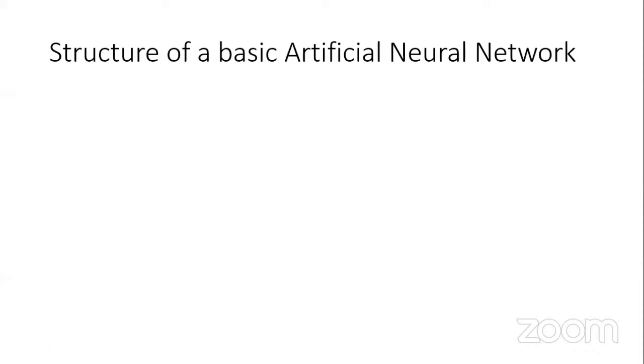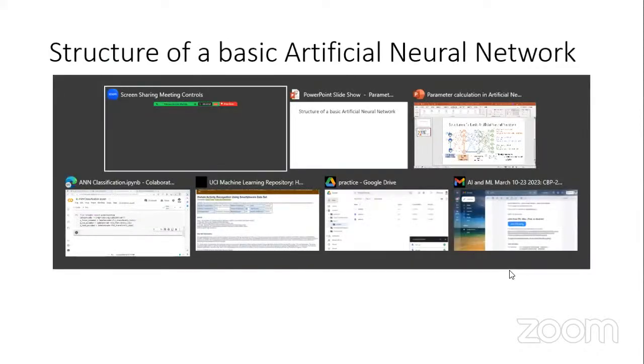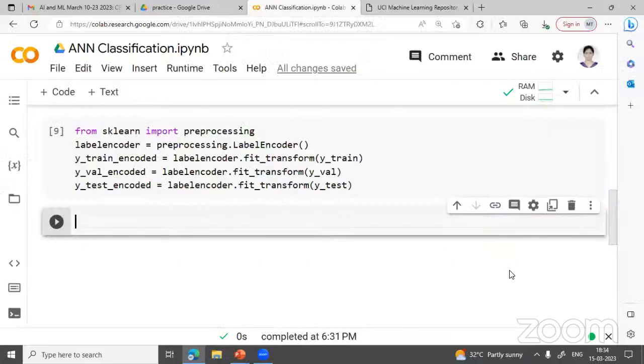So can any one of you tell in the chat box what will be the size of your input vector to the neural network? Anyone in the chat box? What will be the size of your input vector? How many features are there in our data set?